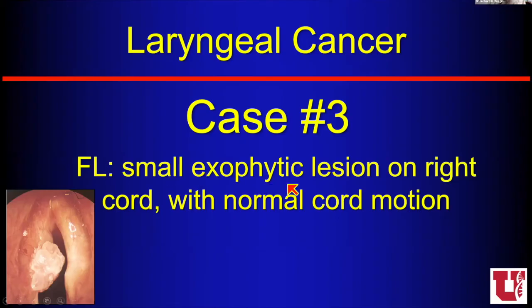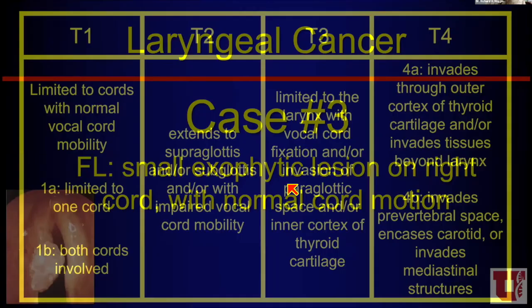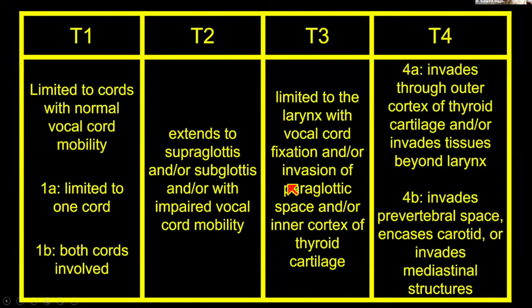So this case had a little exophytic lesion, and this is a lesion of the vocal cords. Now we break up the larynx into different parts. Supraglottic larynx, that's where we have fat. The glottic larynx is only a couple of millimeters top to bottom. That's just the vocalis ligament and the thyroarytenoid muscle. So it's just the true vocal cords. And everything below that to the bottom of the cricoid, that's subglottic.